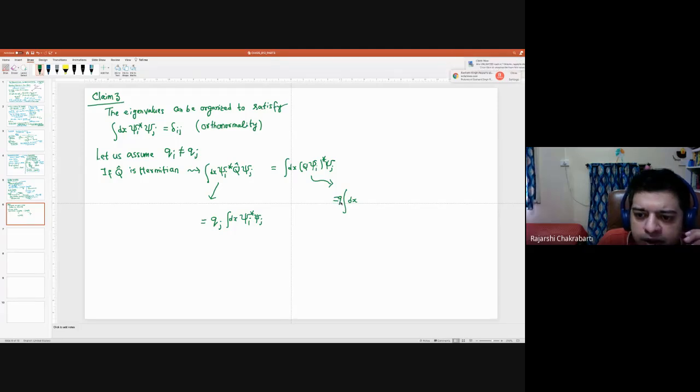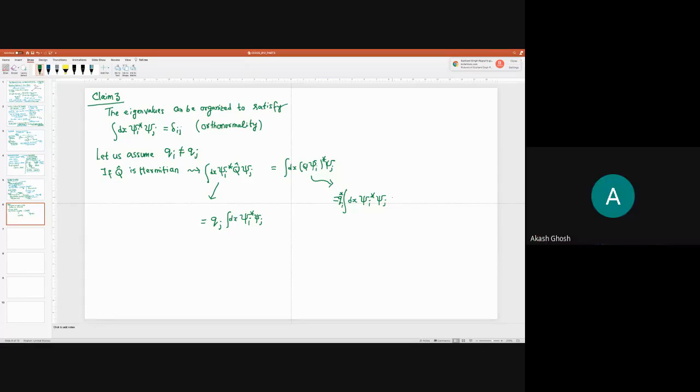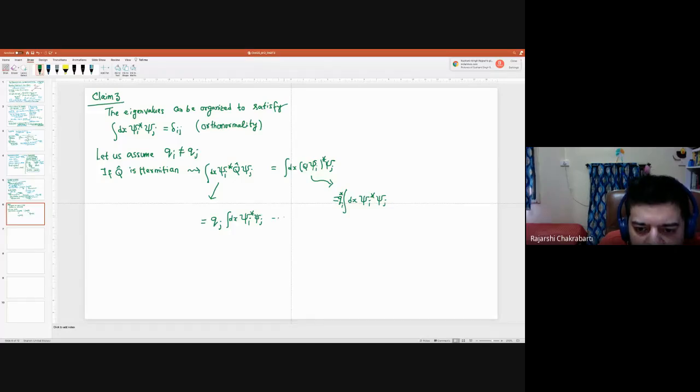So this Qi will come out, but it is inside the star, so it has to be Qi star. Are you following me? This is Qi star, and then what you have here is psi i star psi j. Is this clear? Now this I'm calling equation 1, and this equation 2.